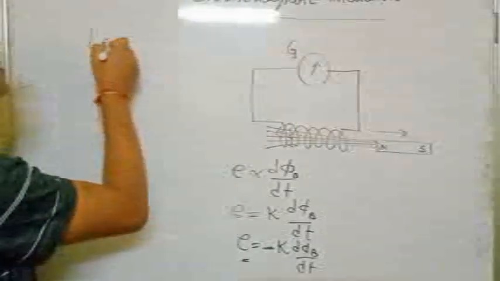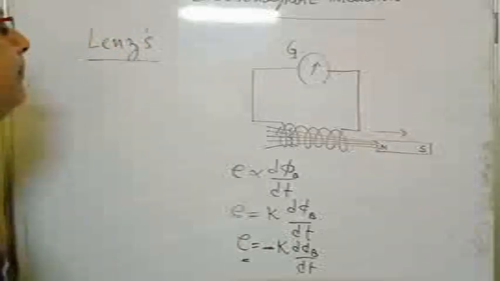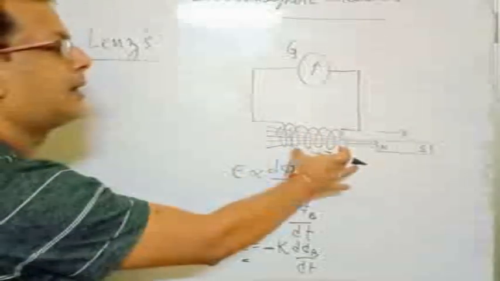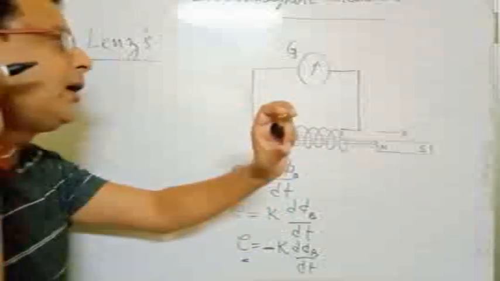This minus sign is actually given by a scientist known as Lenz, so we know it as Lenz's law. Lenz's law says that in this coil, the current is induced when you move the magnet towards it.